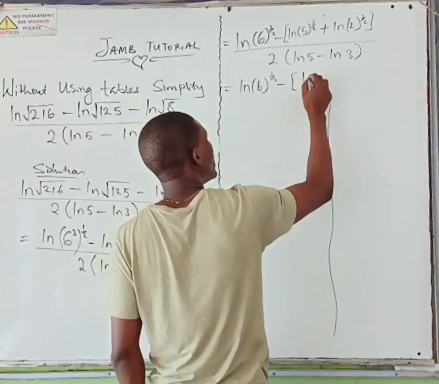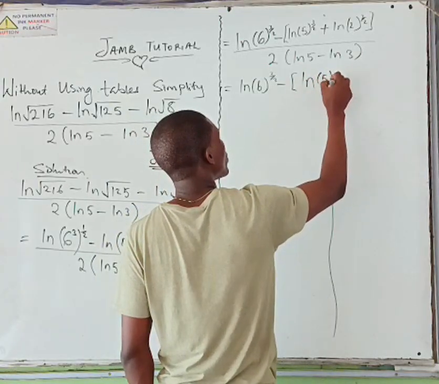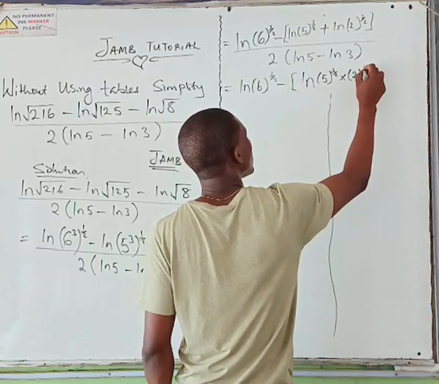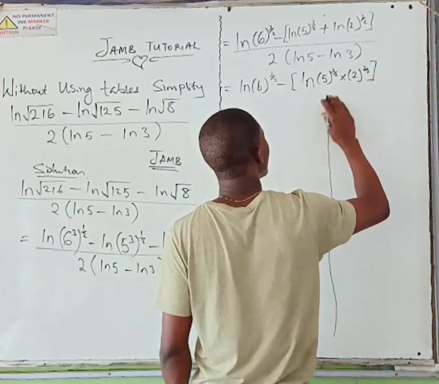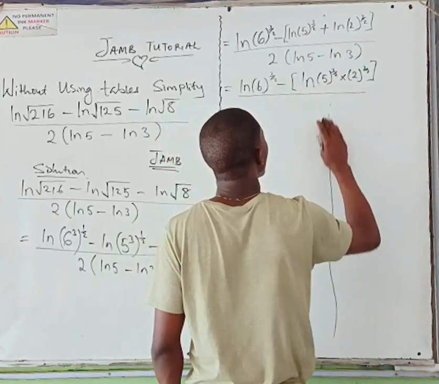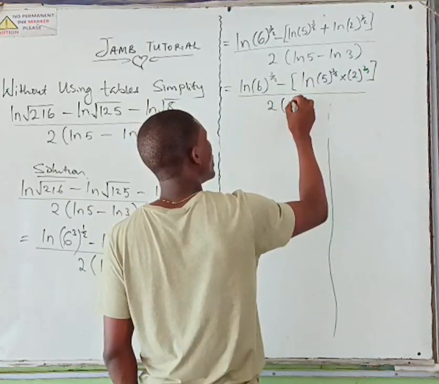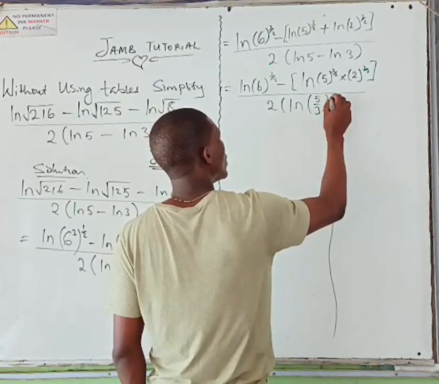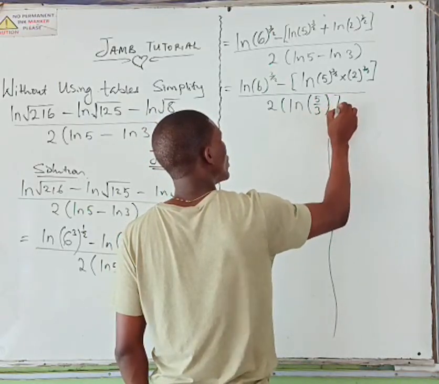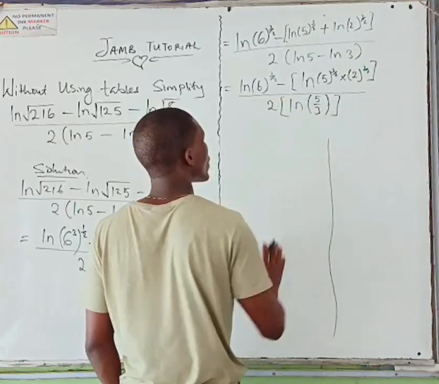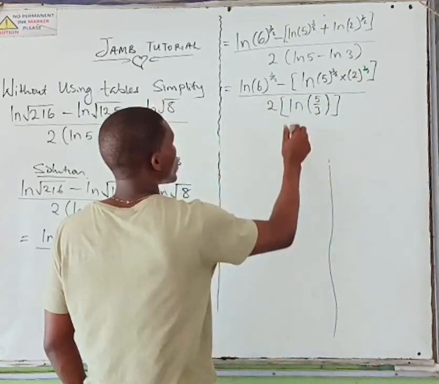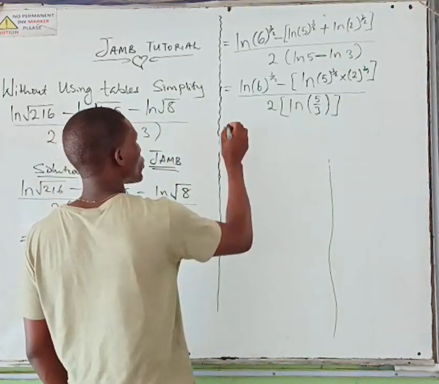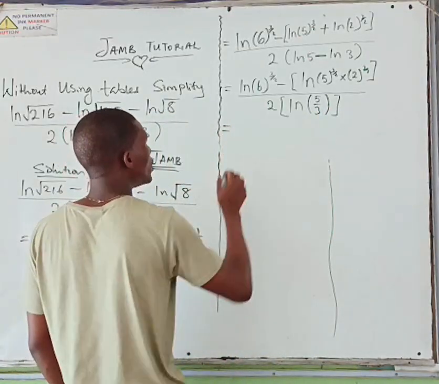So this can become ln of 5 raised to the power 3 over 2 times 2 to the power 3 over 2, and this one here can become ln of 5 over 3, because subtraction becomes division.